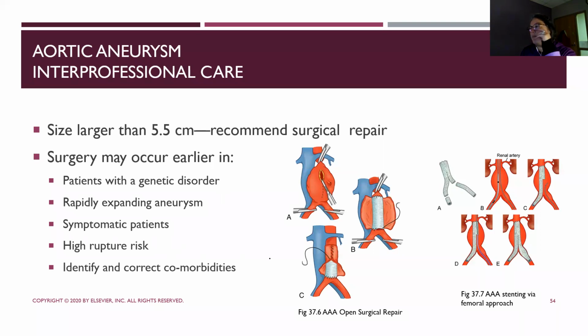These two pictures come from the book. This is figure 37-6. This is an open surgical repair where we actually would cut the whole belly open to put in that stented sleeve. More often than not, people are going to be using a femoral approach.